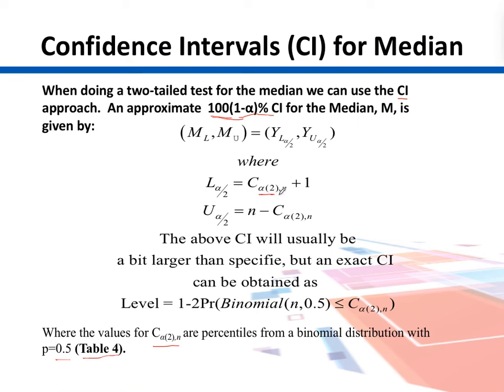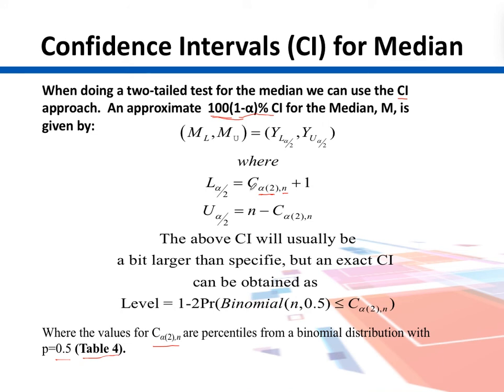We look into the row for the two-sided alpha, since the confidence interval is two-sided, and n is the sample size, plus 1, so we add 1.